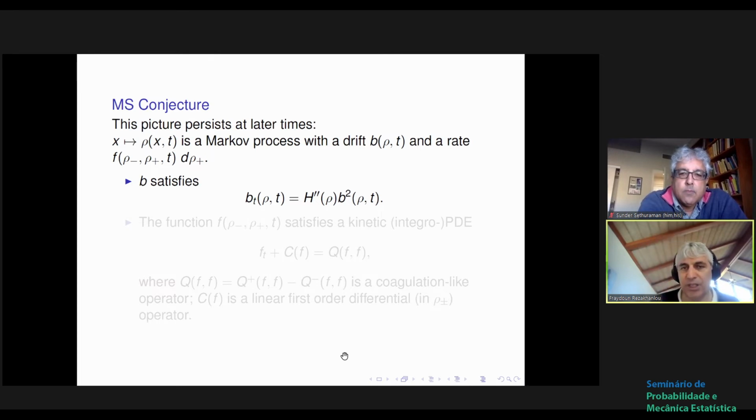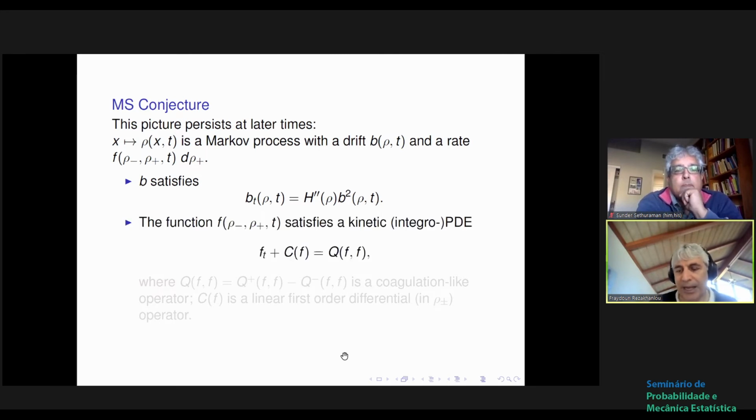If you make that assumption, or if you solve this problem before a blow up, then you have this picture at later time that you have a Markovian dynamics, and the kernel itself satisfies a kinetic type equation.